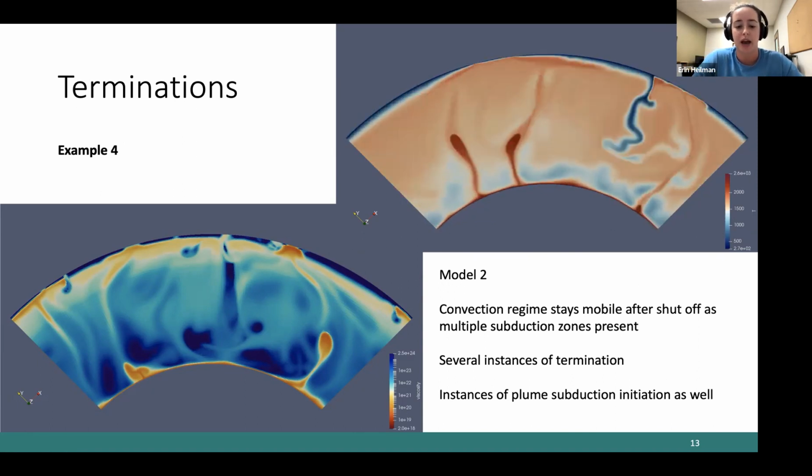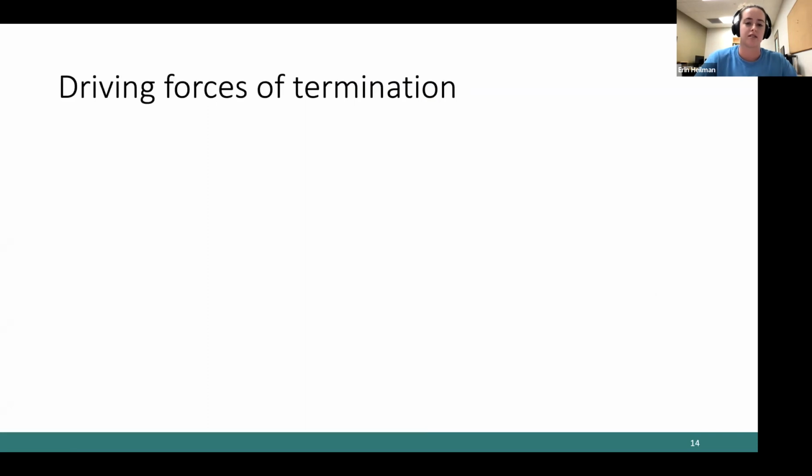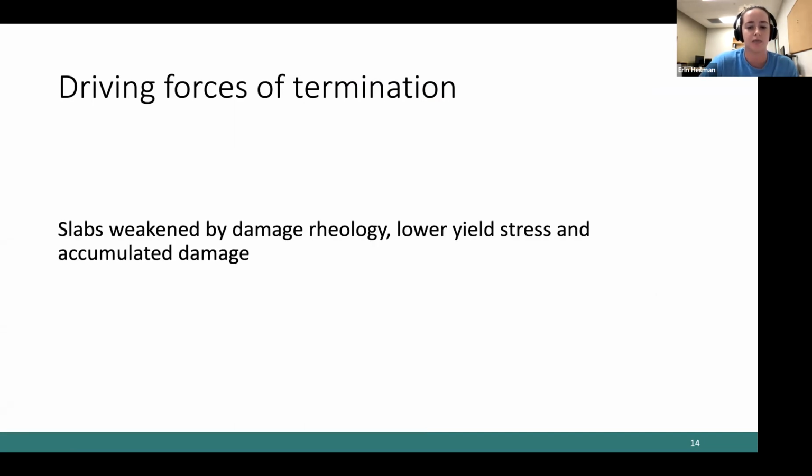But one of the questions we have for this is what is causing this plume-driven subduction termination? What's sort of happening in the model that allows this to happen? So we looked at the models, the data that comes out of it, and sort of narrowed it down to two things. One is that all of these subducting slabs have been weakened by our damage rheology, meaning they all have a lower yield stress and more accumulated damage in them.